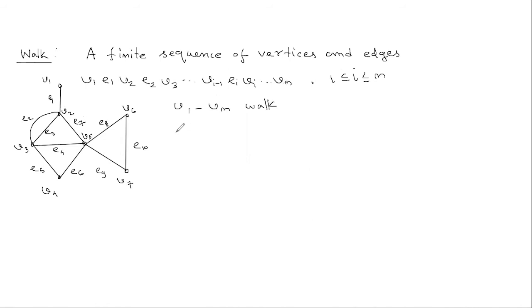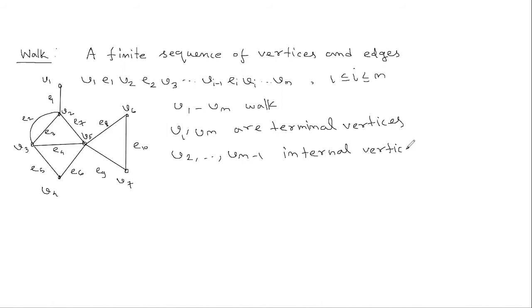V1 and Vn are called the terminal vertices. And all the other vertices, that means V2 to Vn minus 1, are called the internal vertices.